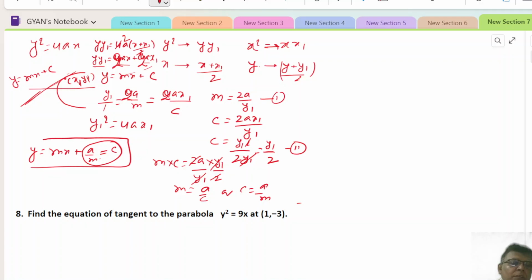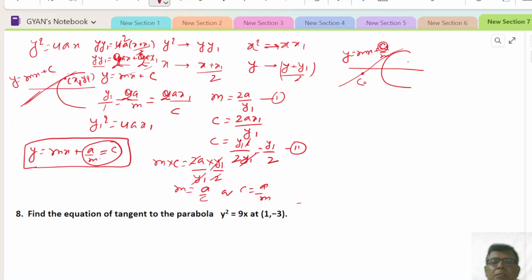So this is very important. This is the general equation of tangent on a parabola. But you see, suppose this is the parabola and one equation is there, and it has to be a tangent if y is equal to mx plus c, with c equal to a by m. So suppose some point is there here, that is alpha beta.